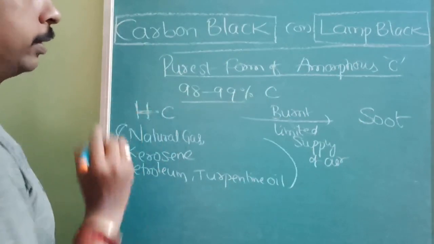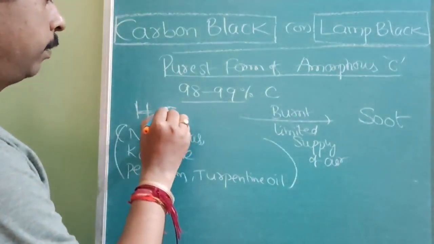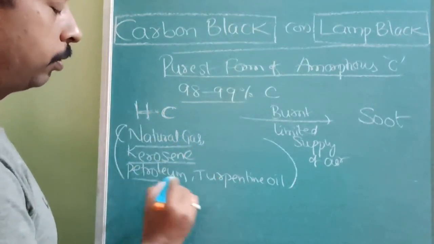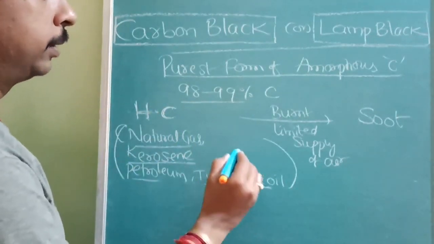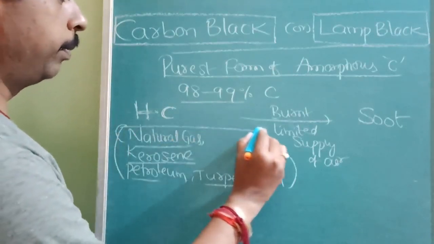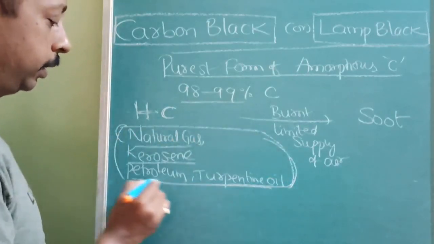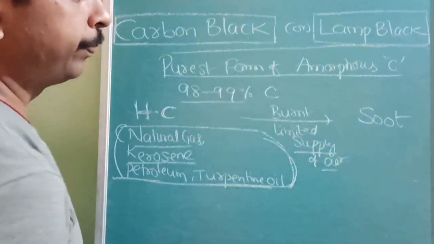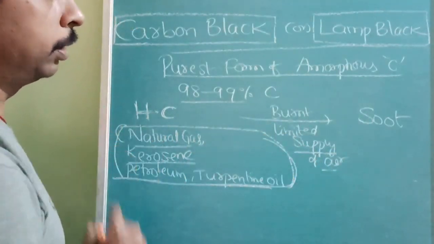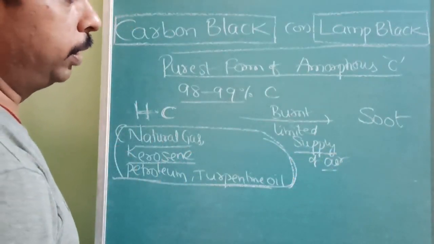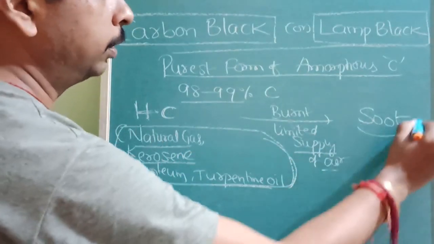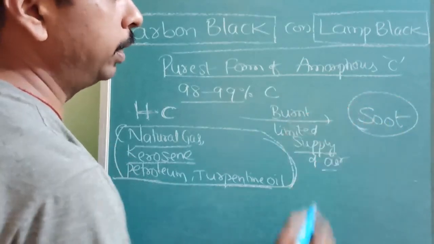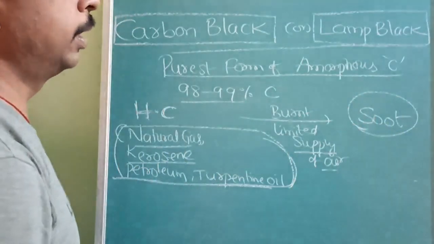When carbon-rich hydrocarbons like natural gas, kerosene, petroleum, turpentine oil, and acetylene are burnt in a limited supply of air, the oxygen goes to the hydrogen to form water. The remaining sooty flame, the black powder we obtain, is called carbon black or lamp black.